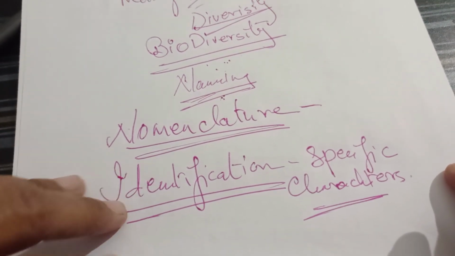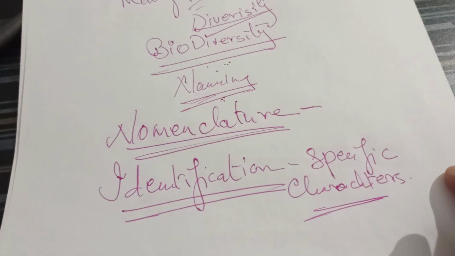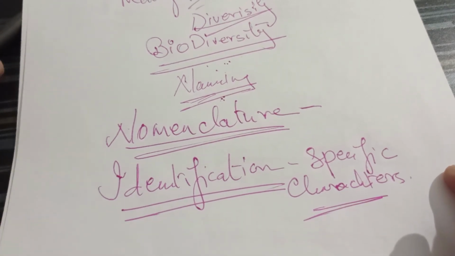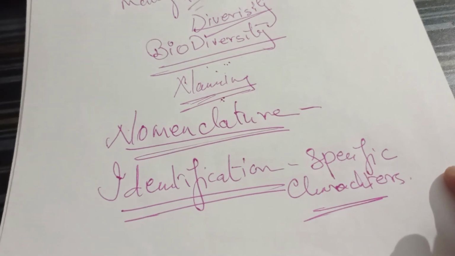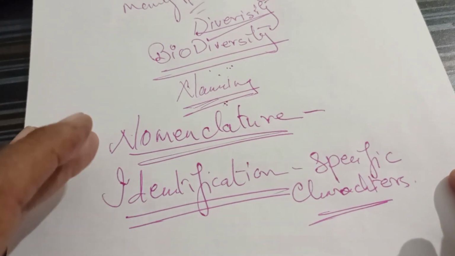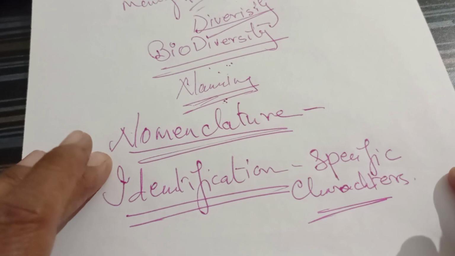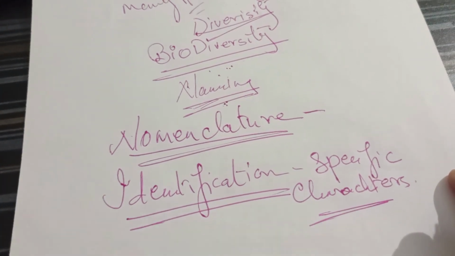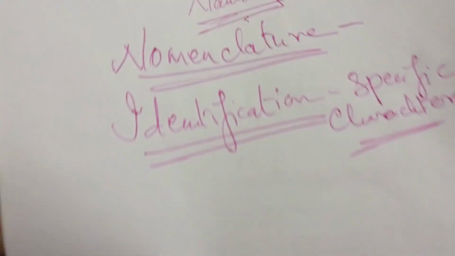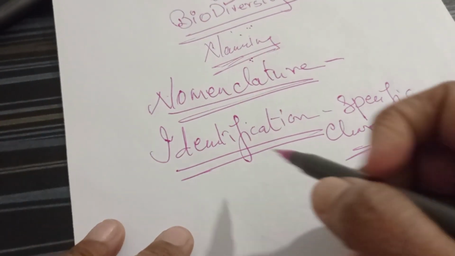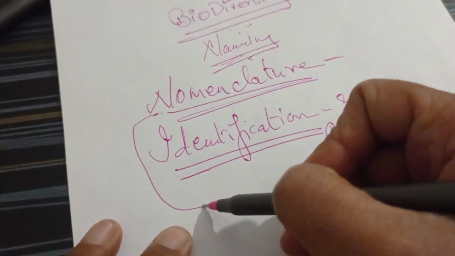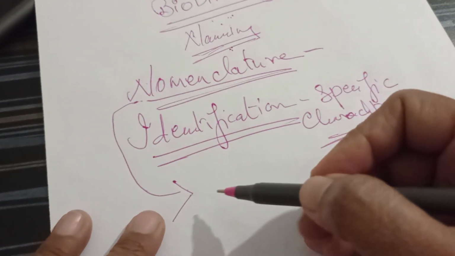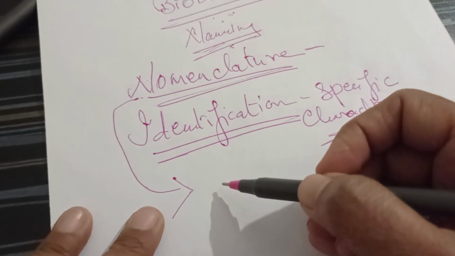Those characters, their specific characters, and based upon those characters we give names to those organisms. Okay, now in biology, the name and nomenclature is an important procedure to study the living organisms.